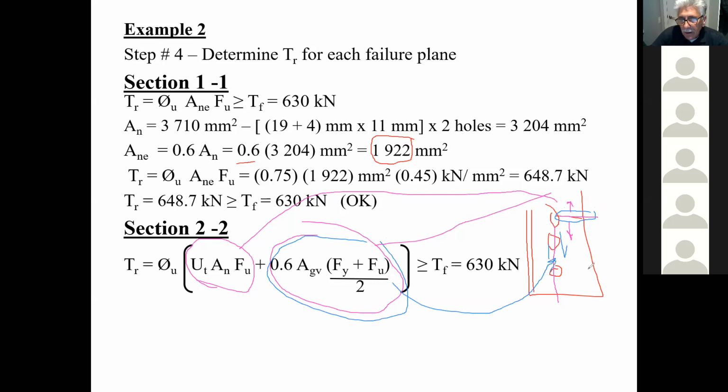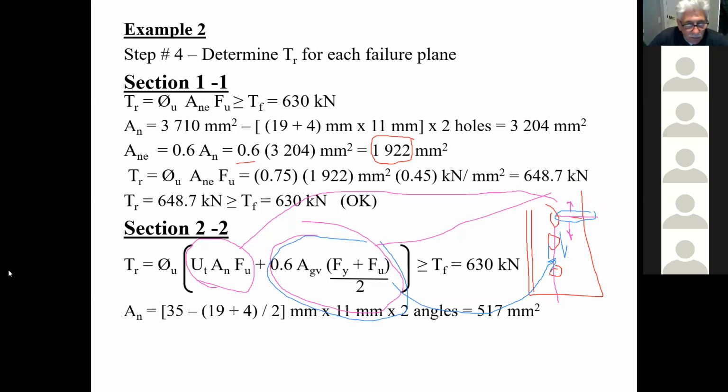Now here we'll talk about the different variables. Now here, in other words, AN. I want you to understand that, let me just erase the whole drawing so it's clear.